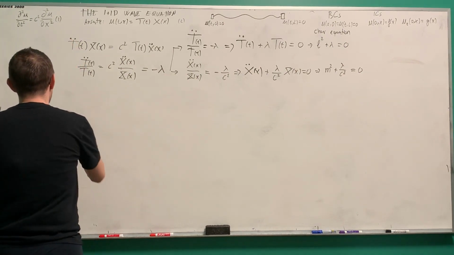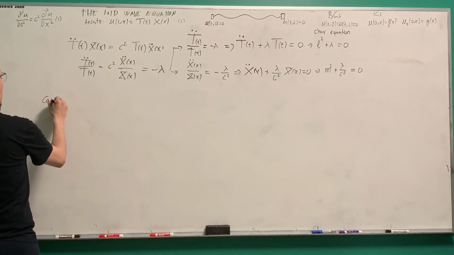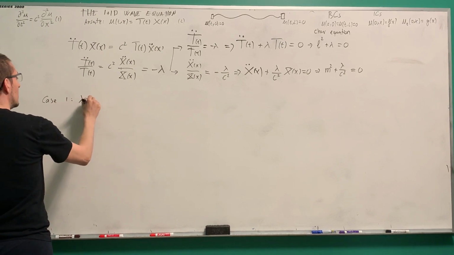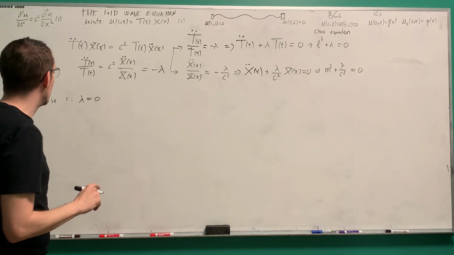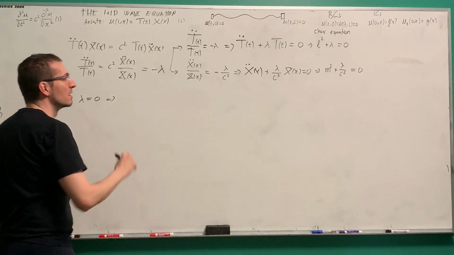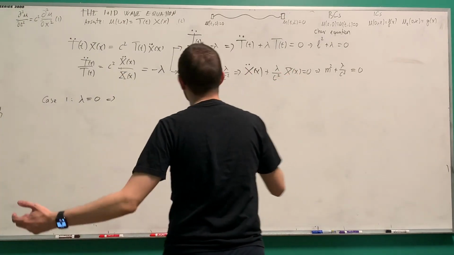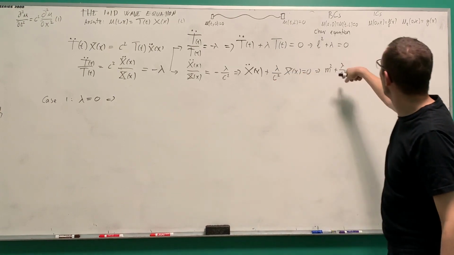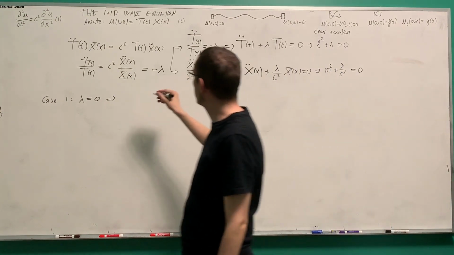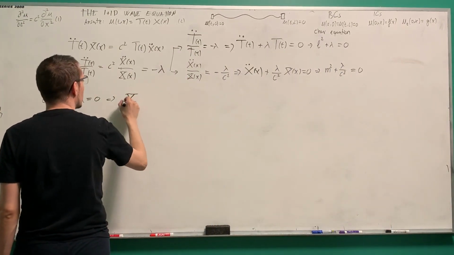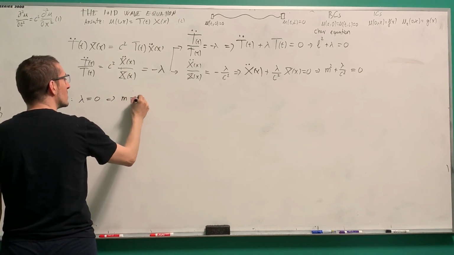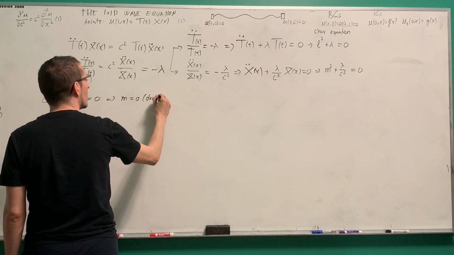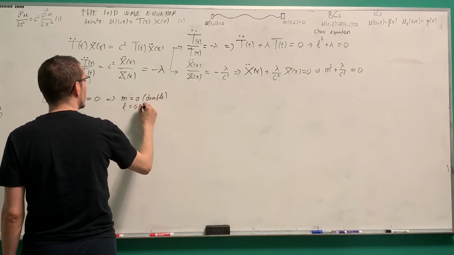Different cases. Case number 1: lambda equals 0. When lambda is equal to 0, we have m squared equals 0, so it's very easy. It means that m equals 0, a double root, but also L equals 0, double.